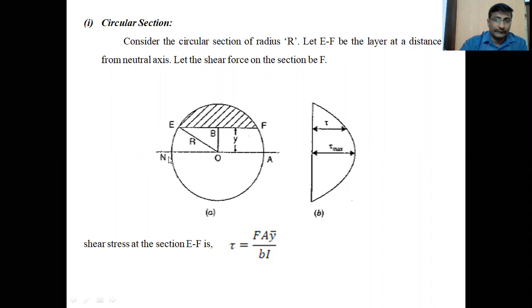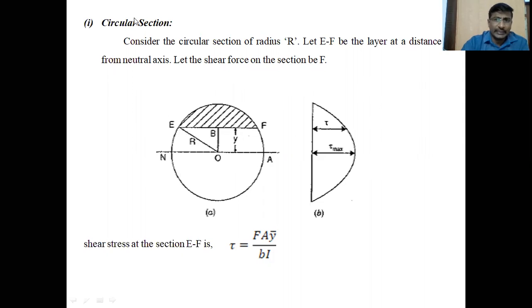From the neutral axis, we consider a layer on which the shear stresses are to be calculated. That layer is at a distance of y from the neutral axis. Clear, students? Let the shear force on the section be capital F.